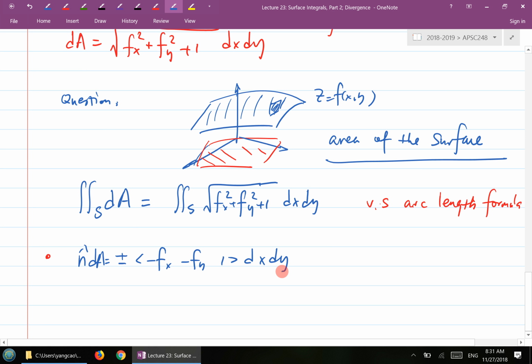Let me just quickly explain this one. What do we mean by upward, and what do we mean by downward? Remember I mentioned if you are required to calculate upward flux, then you choose positive. And if you're required to calculate a downward flux, then you choose the negative here.